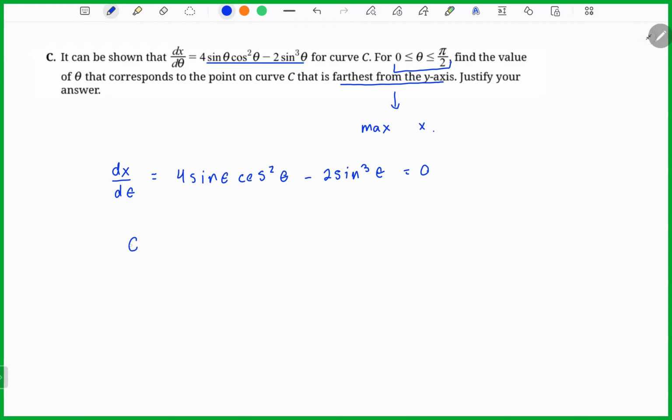Now, it's quite easy to just wrap things up here and state that theta is equal to 0.95. But note that we were asked to justify our answer, and that specifically we are looking to find the max value on a bounded interval.